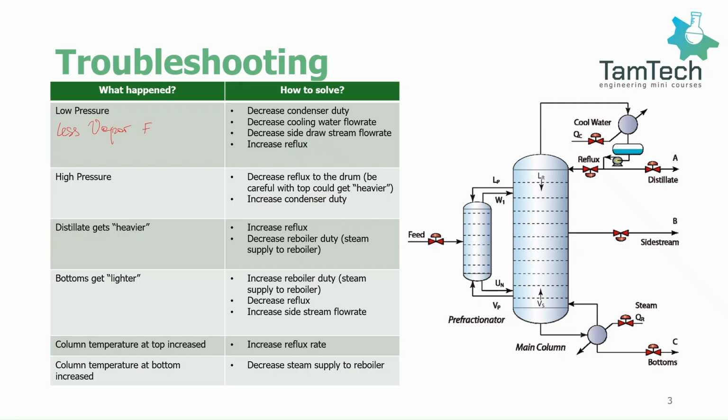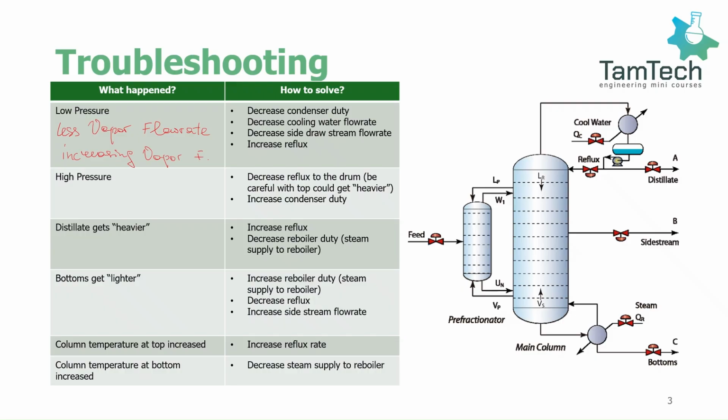So our action should be correlated with increasing the vapor flow rate. How can we do that? We know that the vapor balance in the distillation column is kept due to creation of vapor in the reboiler and the condensing of the vapor in the condenser.